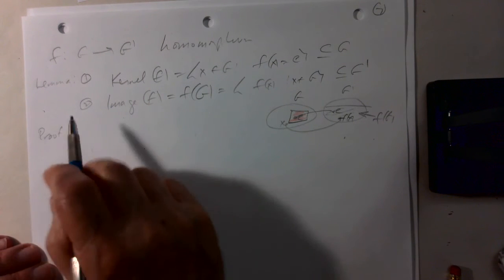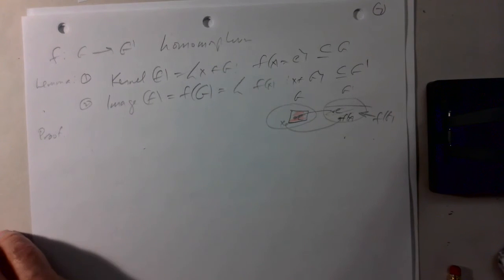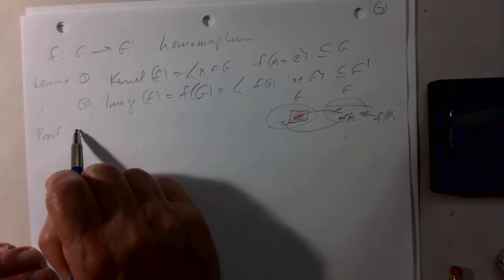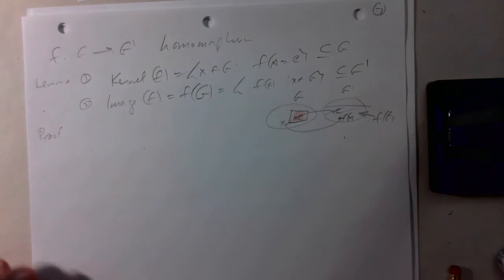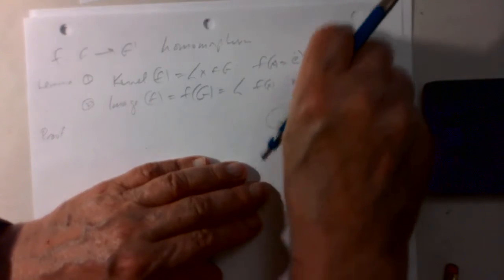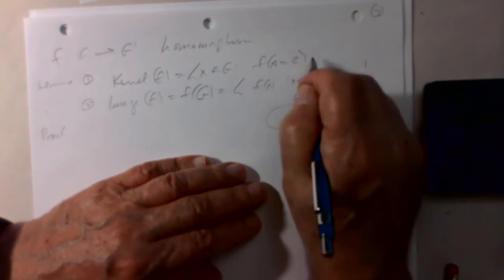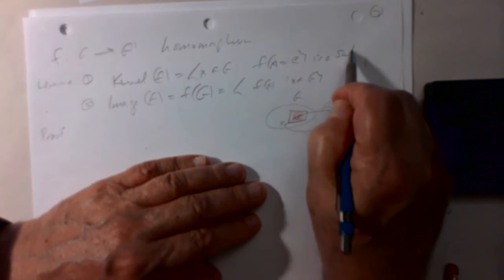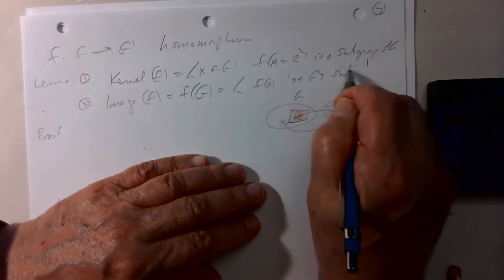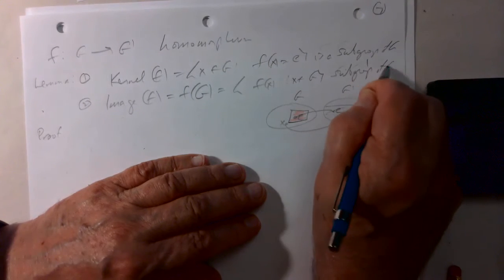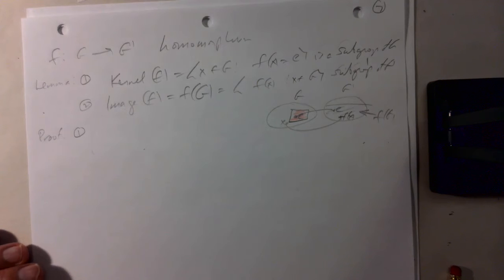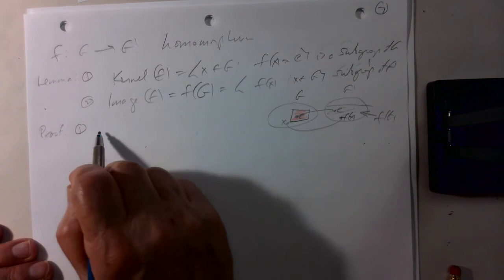So how do we prove this? Let me write down what I said. The kernel of f is a subgroup of G. The image of f is a subgroup of G prime. To prove the kernel is a subgroup, you have to show it's closed under multiplication.